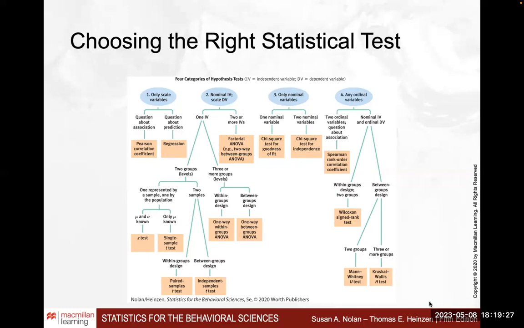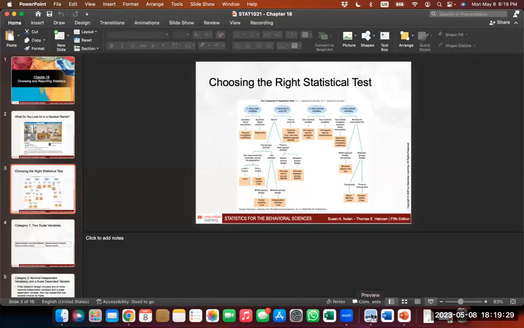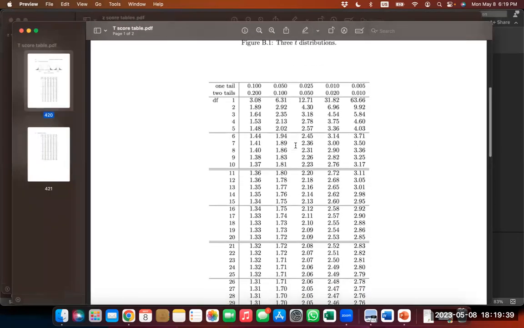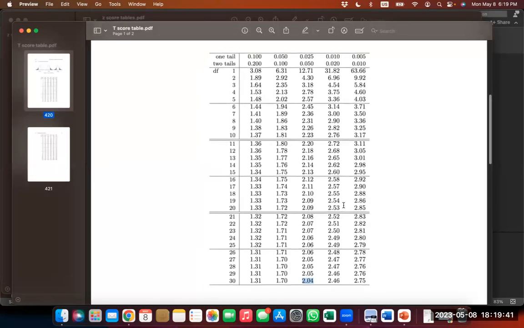So you're using an alpha of 5% on a z-test or a t-test. If you are looking your critical value up with a t-score of 30, let's take the sample size of 30, you have a two-tailed t-test with an alpha of 5%. Your critical t would be 2.04.